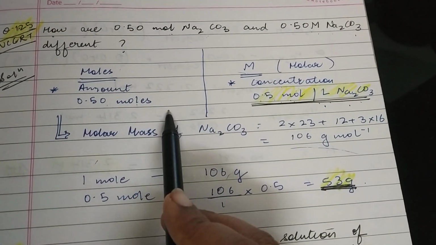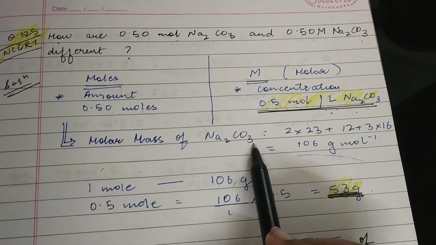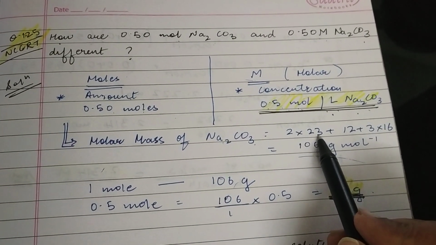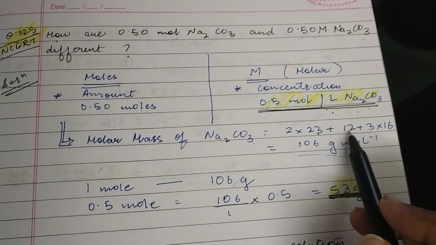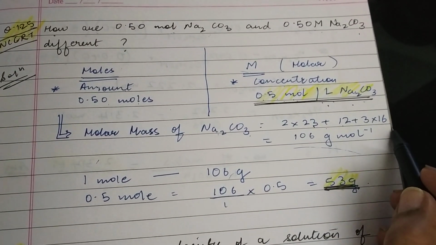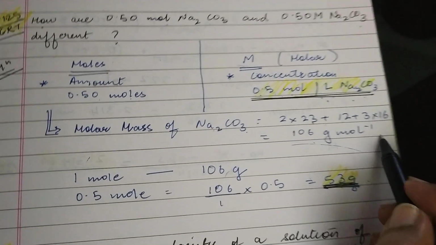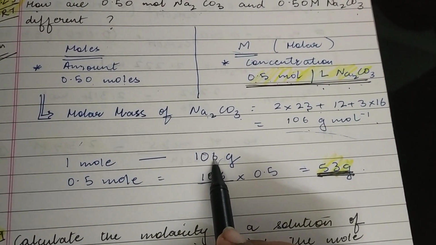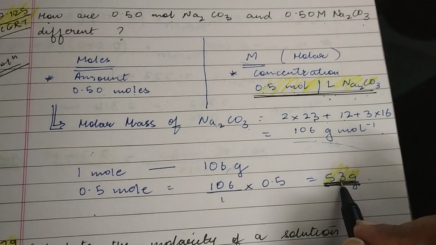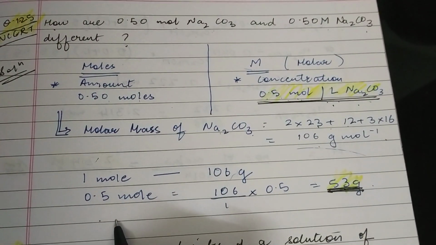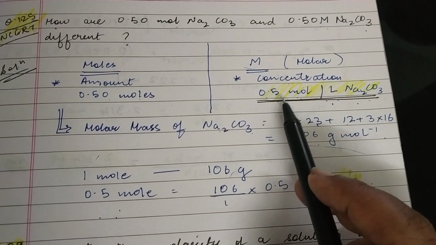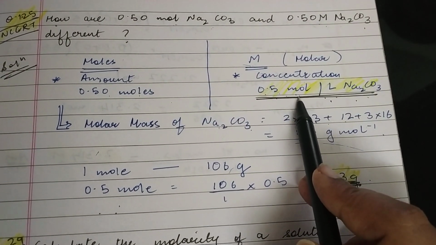Also 0.5 moles would mean, as we can see, the molar mass of Na2CO3 can be calculated as 2 into 23, 23 is the atomic mass of sodium, plus 12, that is the atomic mass of carbon, only one atom was there, and 3 atoms of oxygen, so 3 into 16, 106 grams per mole. 1 mole is almost equal to 106 grams, therefore 0.5 moles would be equal to 53 grams of Na2CO3. So 0.5 moles would mean 53 grams of Na2CO3, 0.5 molar would mean 0.5 moles of Na2CO3 dissolved in 1 liter of solution.